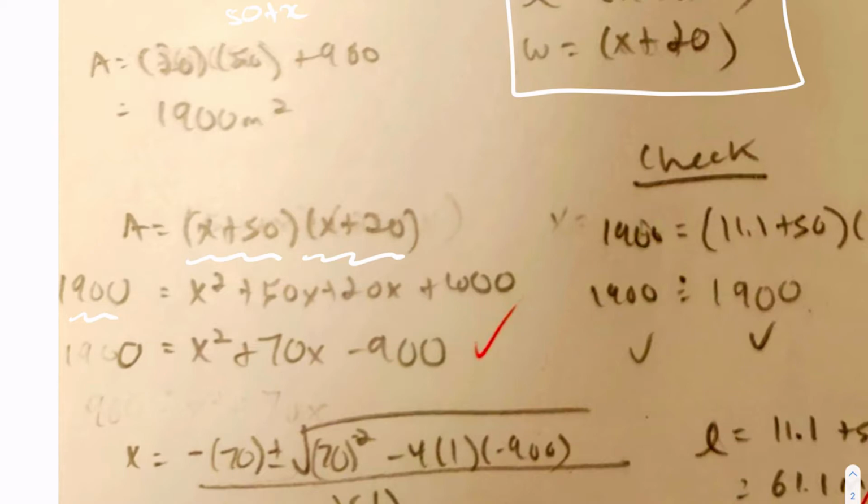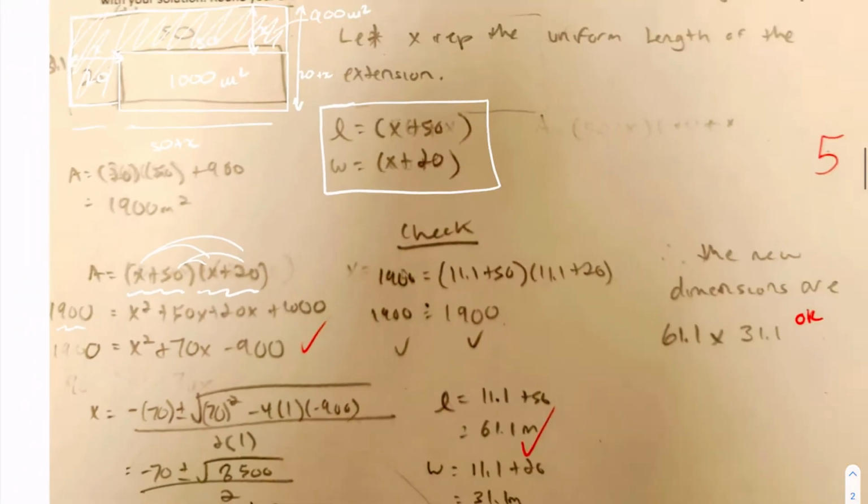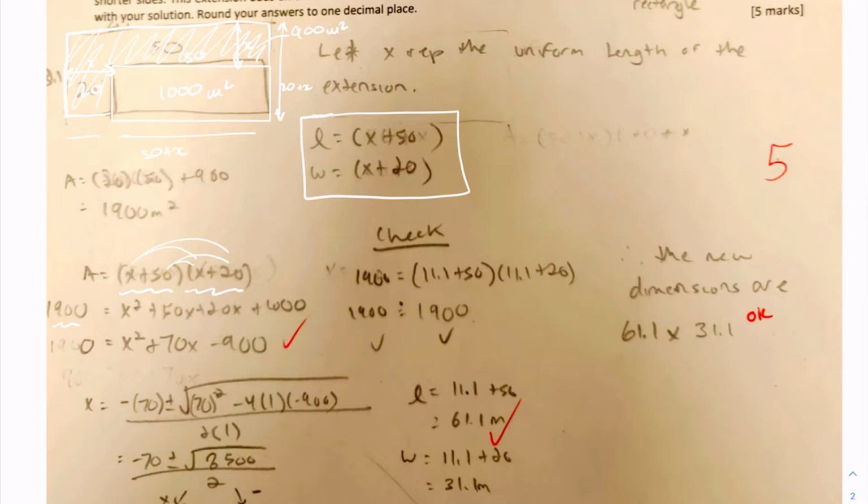Expanding everything and collecting like terms, I end up with a quadratic equal to 1900, equal to 0 once you bring everything over to one side. Well, you're just using the quadratic formula, which is what Alexia does all through here. I'm not going to go through the details of that.